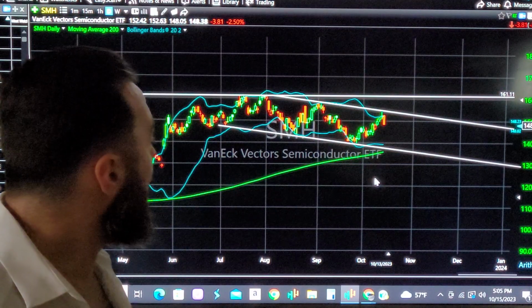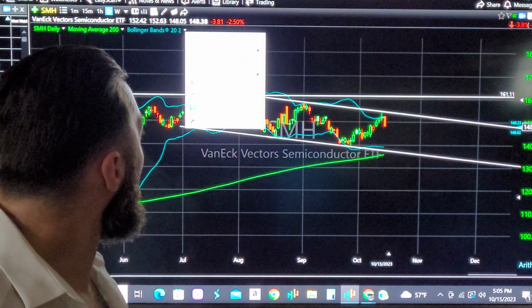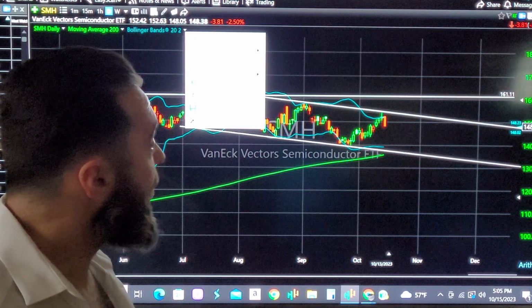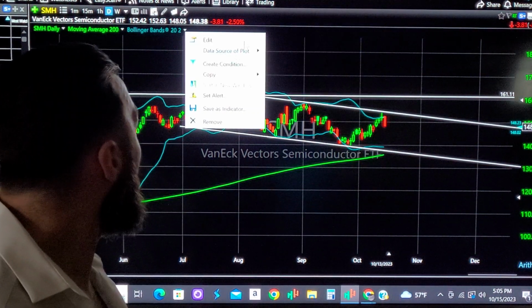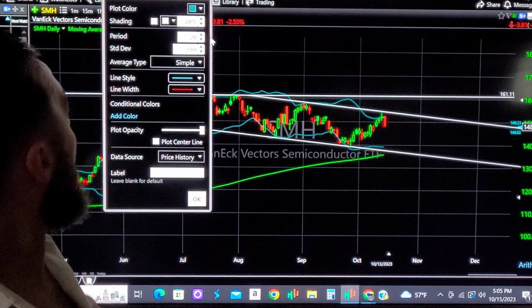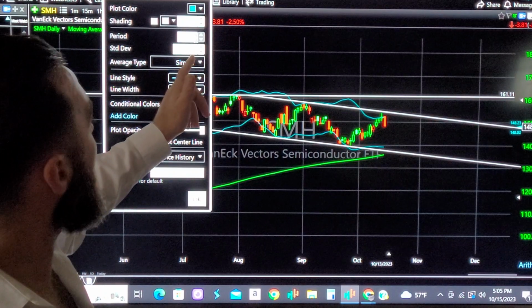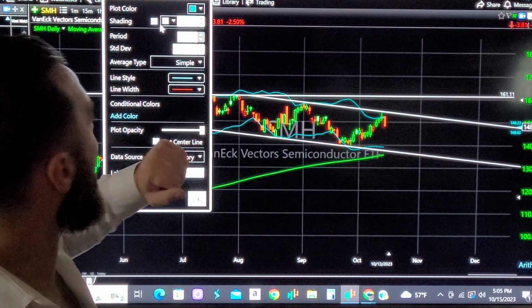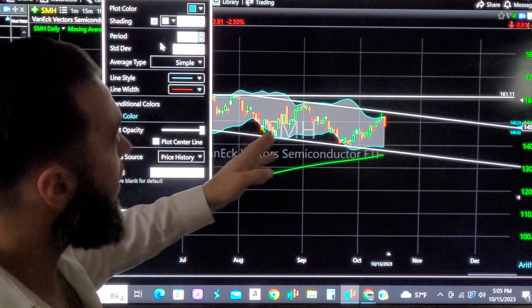Now this was, and we're going to edit it, created by John Bollinger, and it's a set of bands based on a specific moving average. Right now it's based on the 20-day. Now on TC2000, I can make this whatever I want. So I want it shaded because I want to be able to look at it and see the channel.